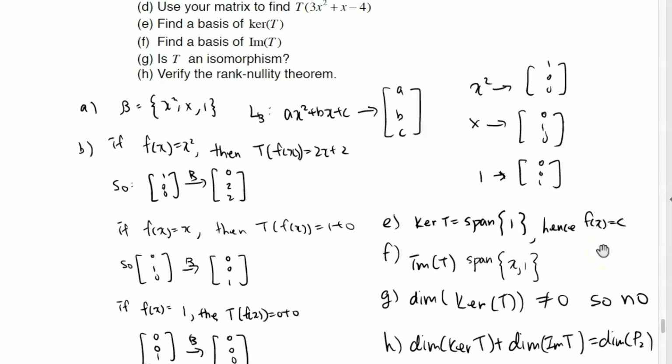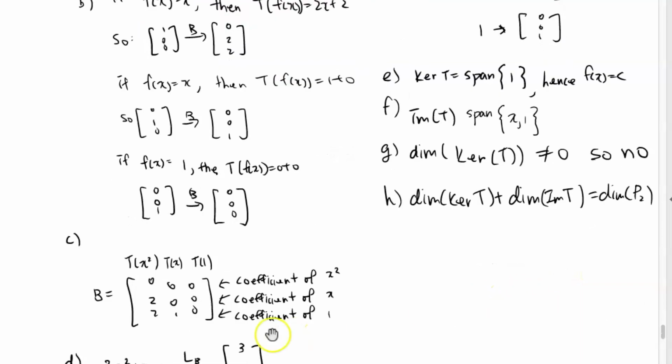Find the basis of the image. If you look at our results, you will see that we will never have any terms in x squared. So the image is the span of x and 1. Also, if you look at the B matrix, you can say that the image is the span of 2x plus 2 and 1.